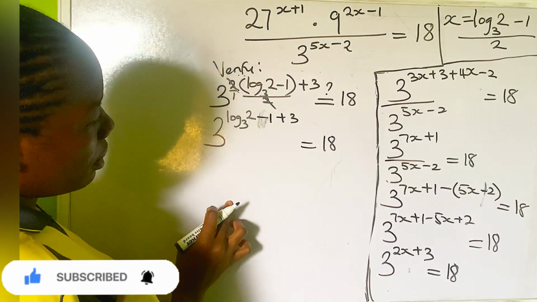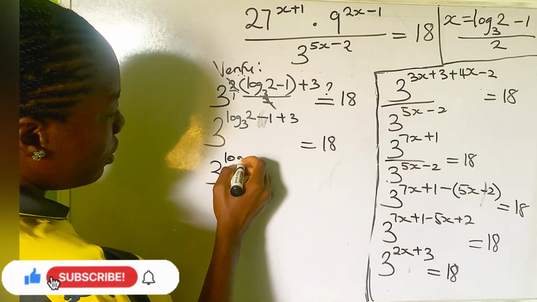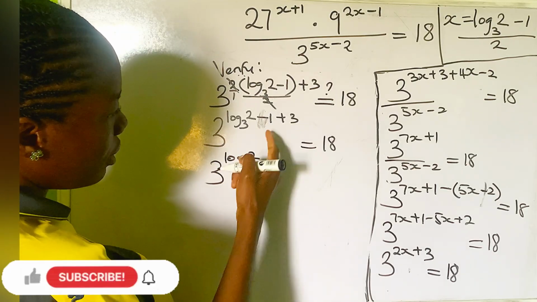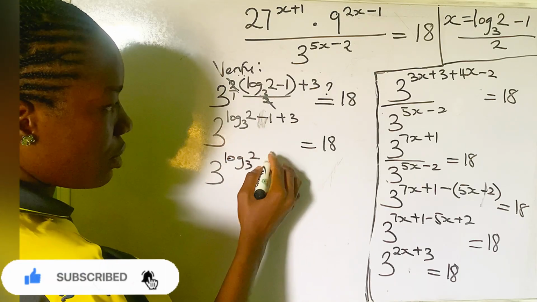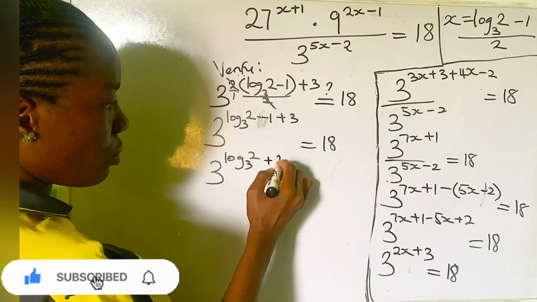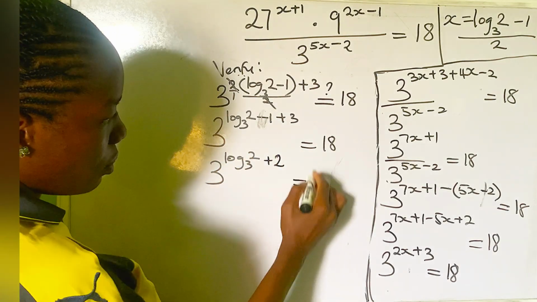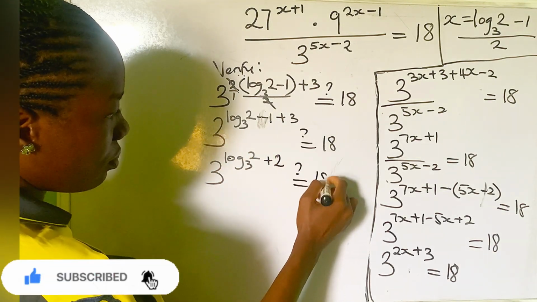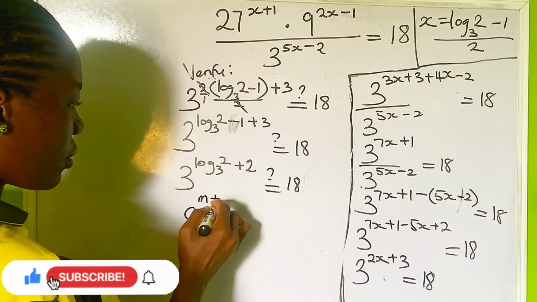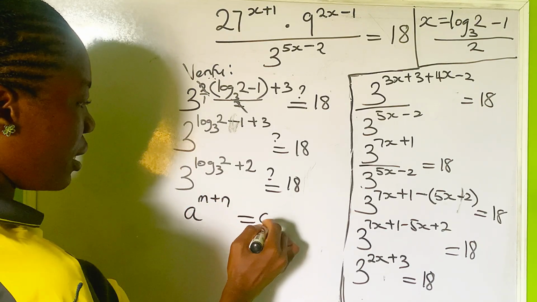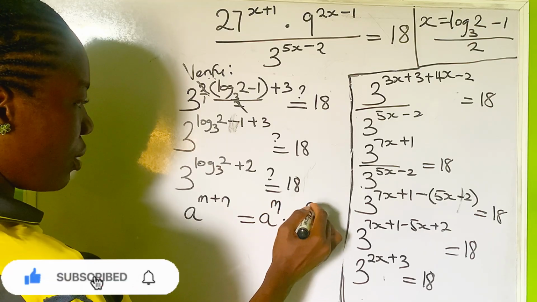So we have 3 raised to the power of log 2 base 3 minus 1 plus 3, which gives us minus 1 plus 3, that's plus 2. Just let's get that out of the way. So is it equal to 18? You have a to the power of m plus n, which is the same thing as a raised to the power of m multiplied by a raised to the power of n.